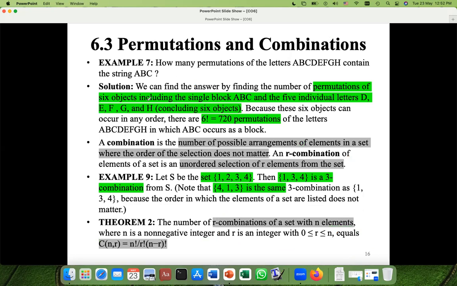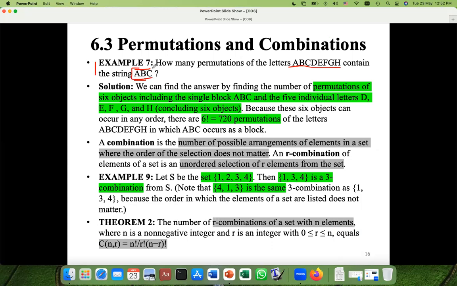Now moving on. Example 7. How many permutations of the letters A, B, C, D, E, F, G, H contain the string ABC? So these are 8 different letters. And how many permutations of these letters? We want to move these letters here and there, but we want to keep this string ABC as it is, as a block.